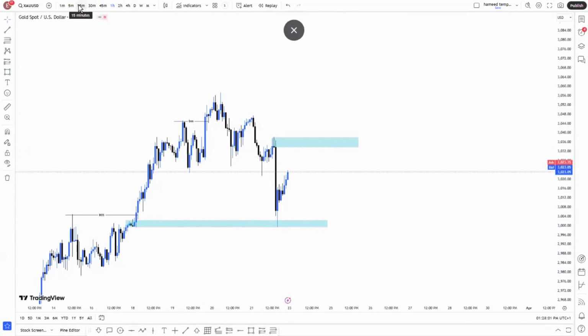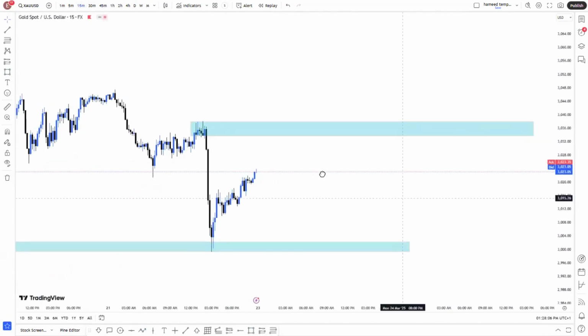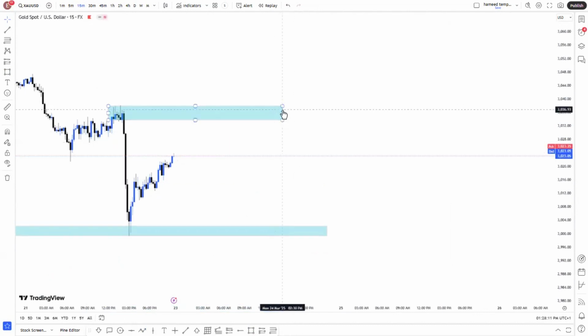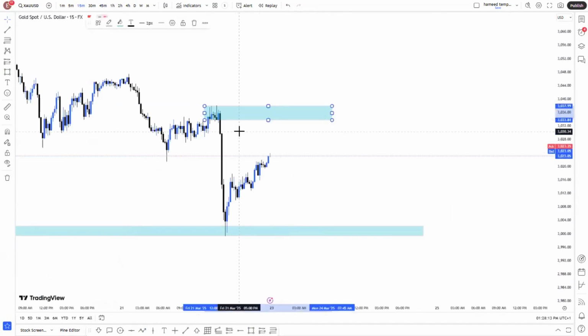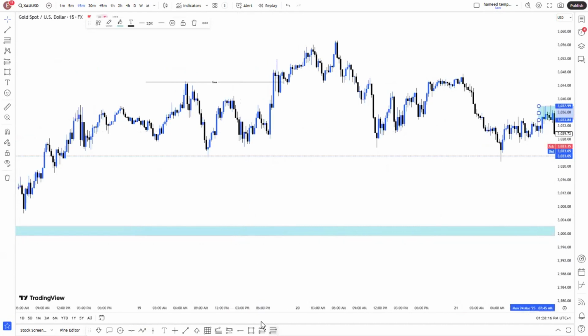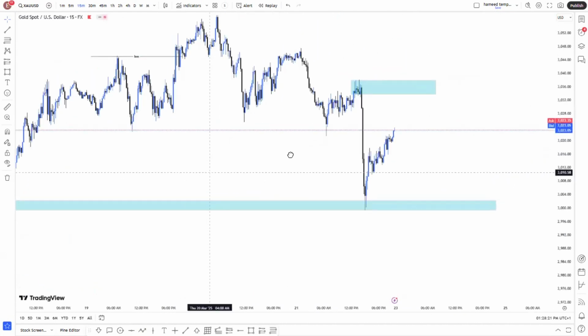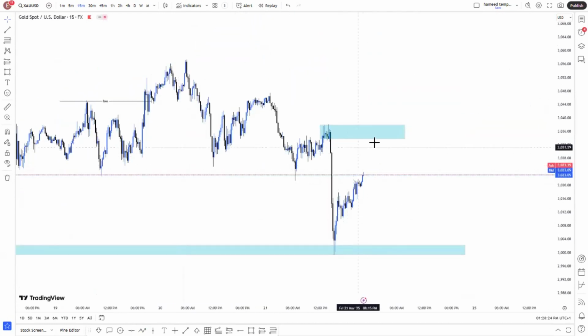Okay, let's move on to 15 minutes. So getting to 15 minutes, we are going to be paying attention to something around here. Market is going to tap into here and give us a decision to make, either to continue selling or to break.